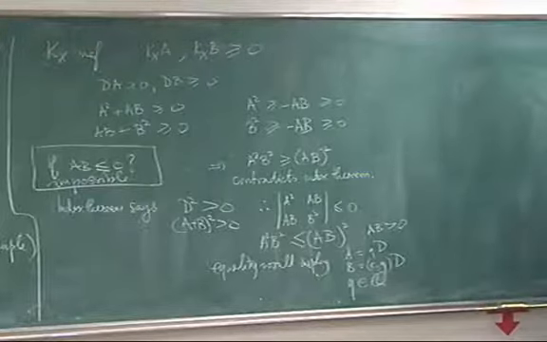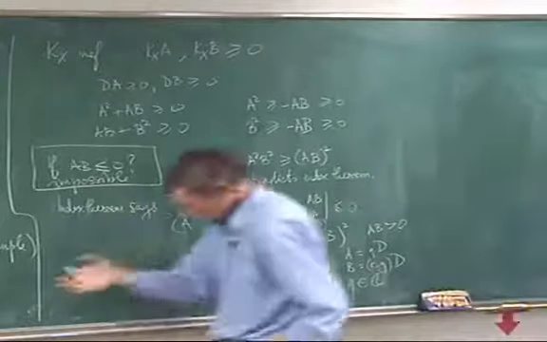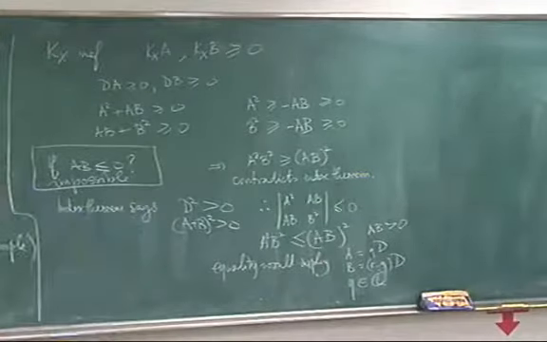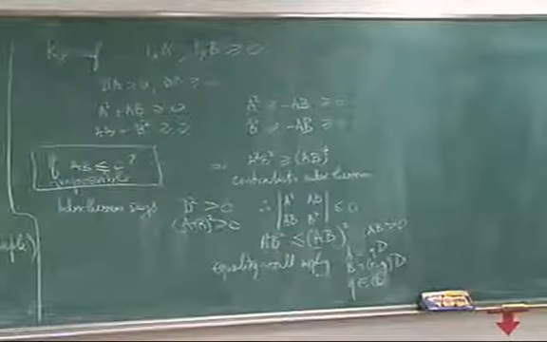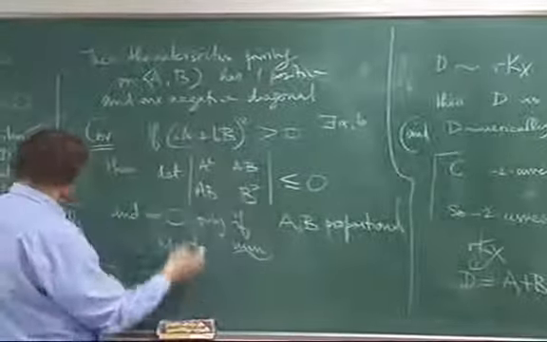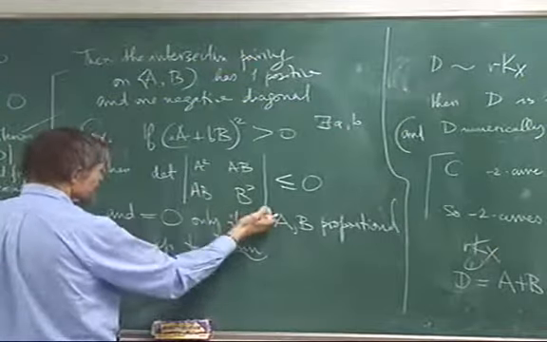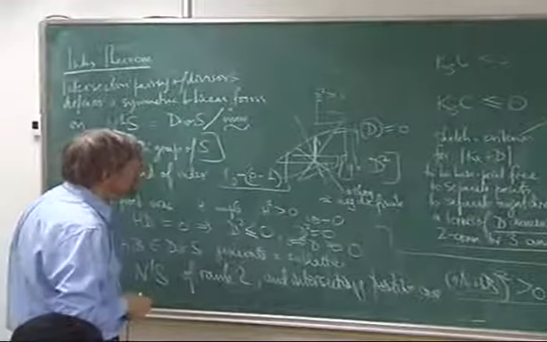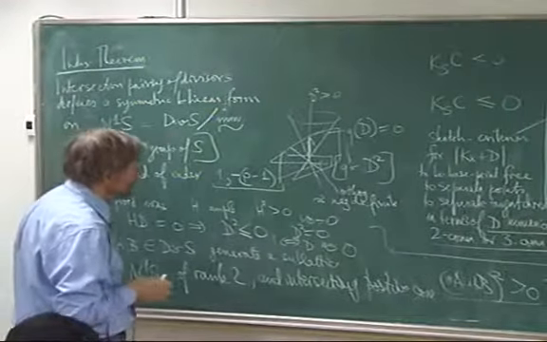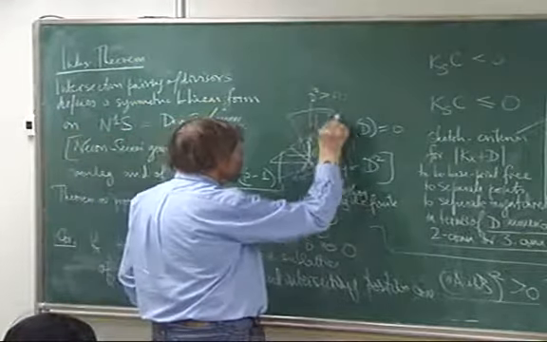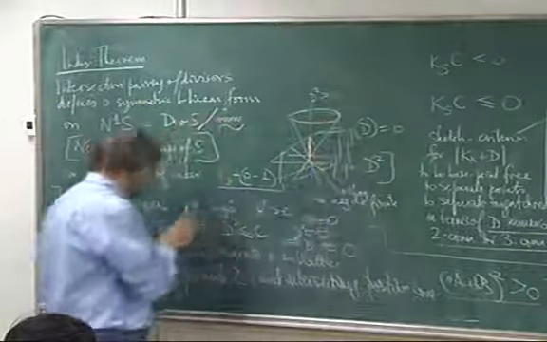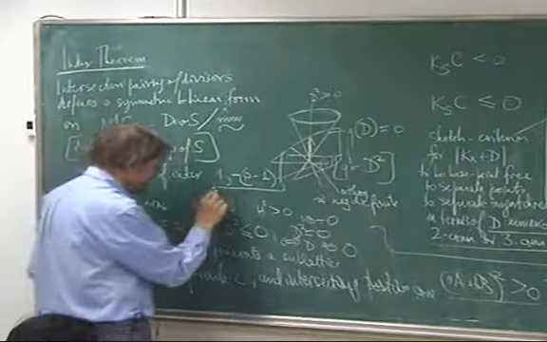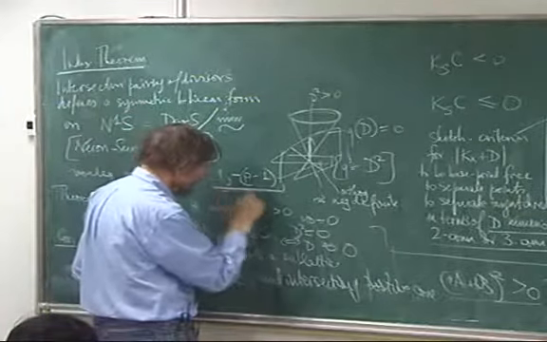So I'm just using properties of the intersection pairing. The main property I'm using is the index theorem expressed in this formula. Right. So the thing you have to remember here is this.